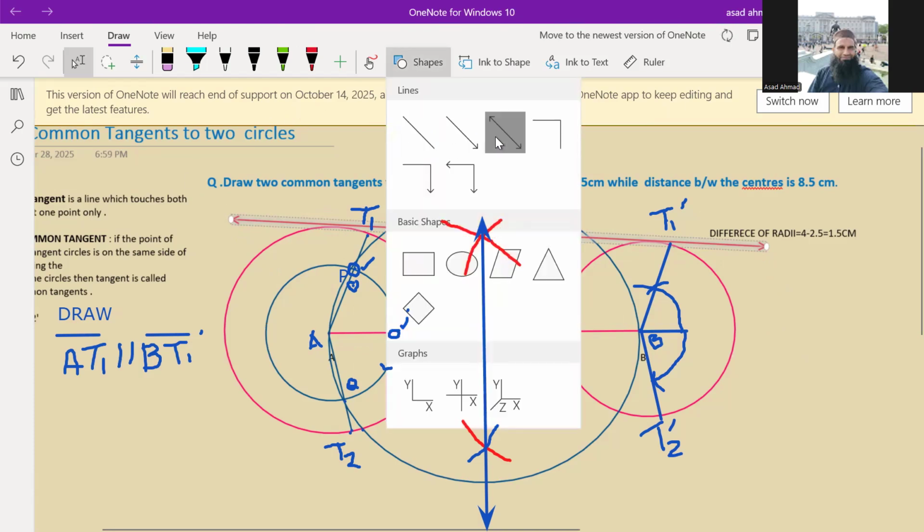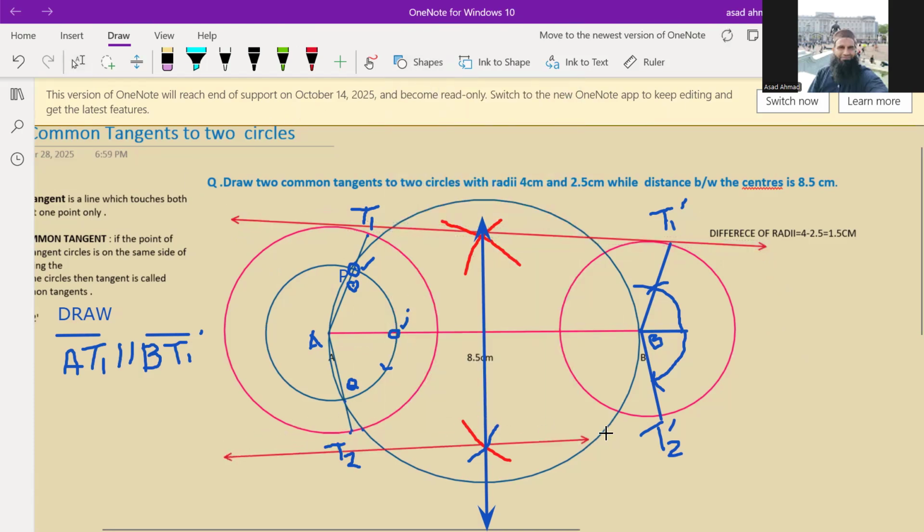Now finally, the same will be done on the lower side to get the second tangent line. So basically this can be done only by making the points of contact. So now you will be able to get the two tangents.